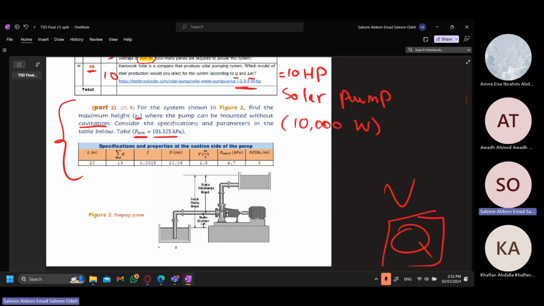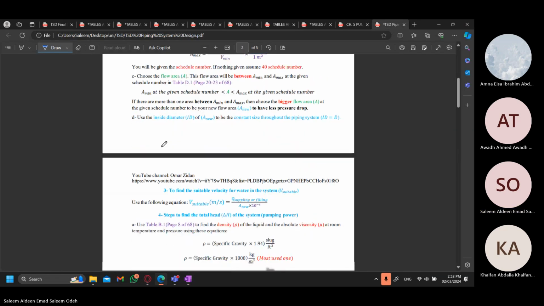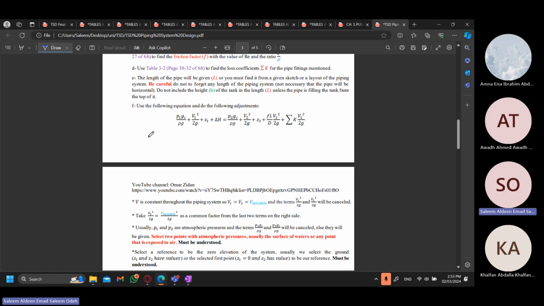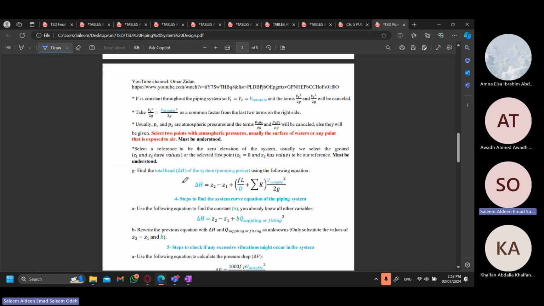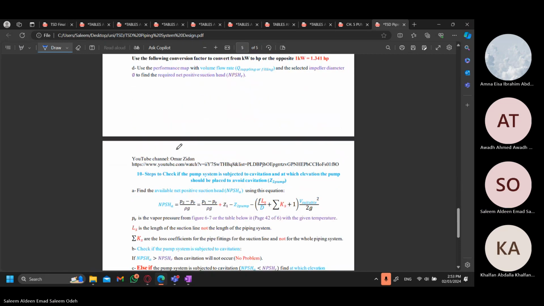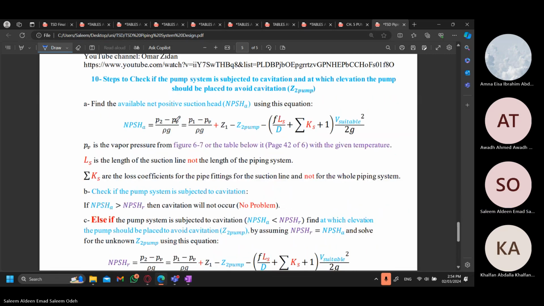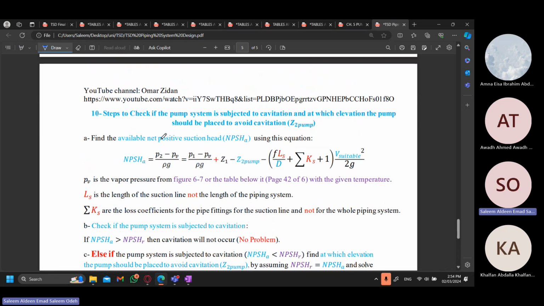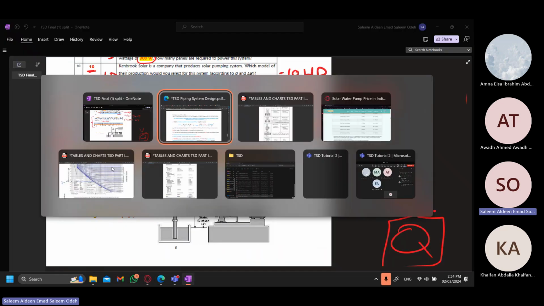Now, if you go to Omar Zaidan's equation sheet, you'll see this is the equation for cavitation. All right, and in the question, they gave us the length.